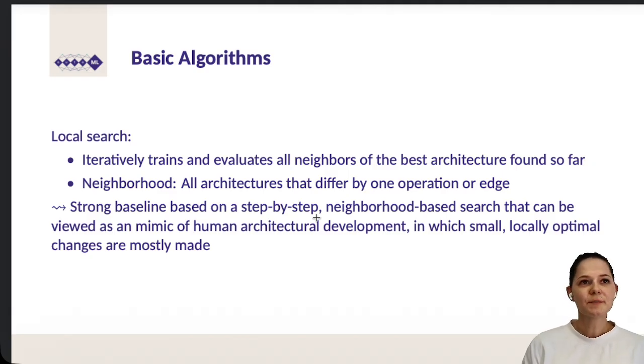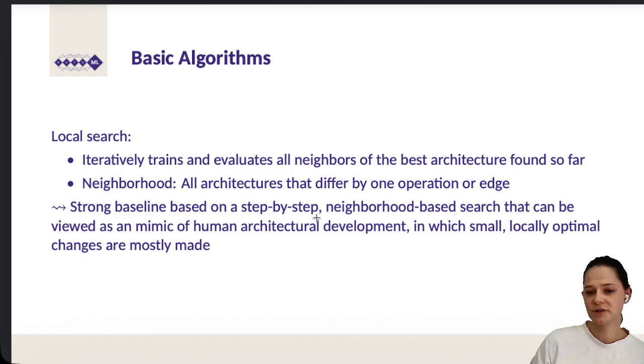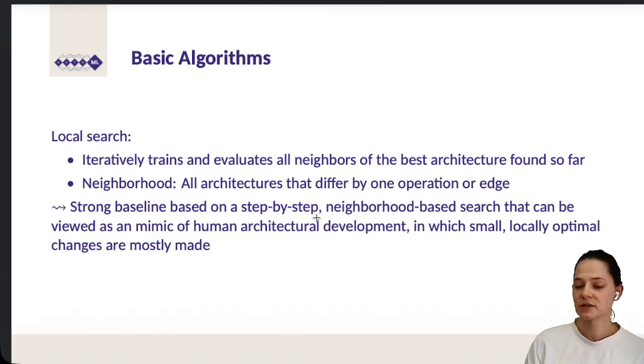We can view it as a mimic of how we humans would design a neural network. If we found a neural network which works quite well and we want to check if an adaptation is better or worse, we just make very small local changes, such as changing an operation or an edge. That is exactly what local search does.